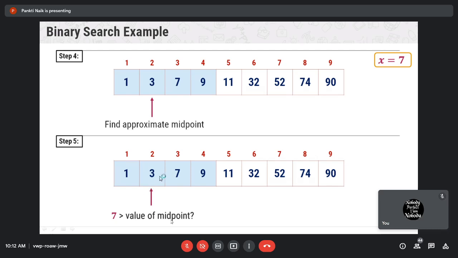No. Is your key value less than this midpoint value? No. Your key value 7 is greater than your midpoint value? Yes. So find the key value in the right sublist of this array.